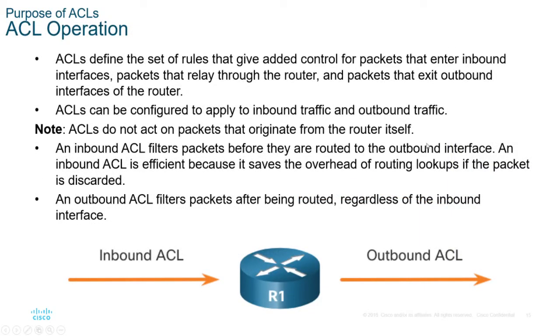So other things to note is we have to think about how ACLs actually operate and where we apply them. Where we apply them defines essentially whether traffic is going in or out through the router. Let's say there was a G00 interface on R1 on the left-hand side, where this inbound ACL is.